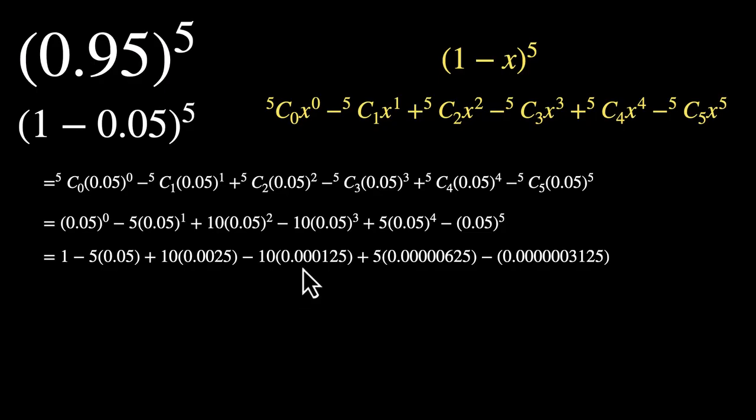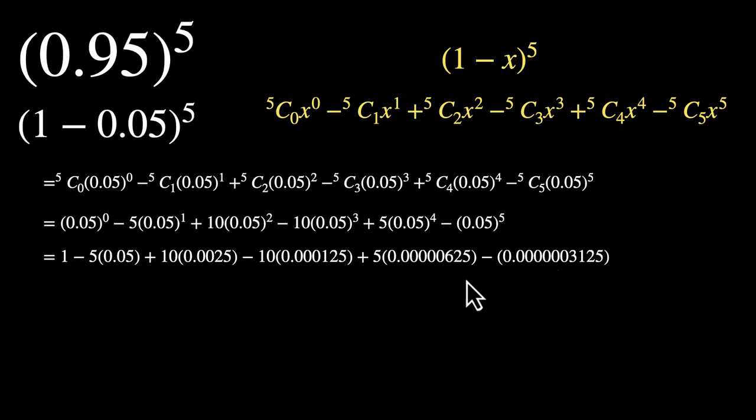So 0.000 and then 125. This is multiplied by 10. Then we have 5 times 0.05 to the power 4, which means 8 decimal places. 5 to the power 4 is 625. So this is what we get. And finally, we have 0.05 to the power 5. This is 0.000003125. So this will have 10 decimal places.